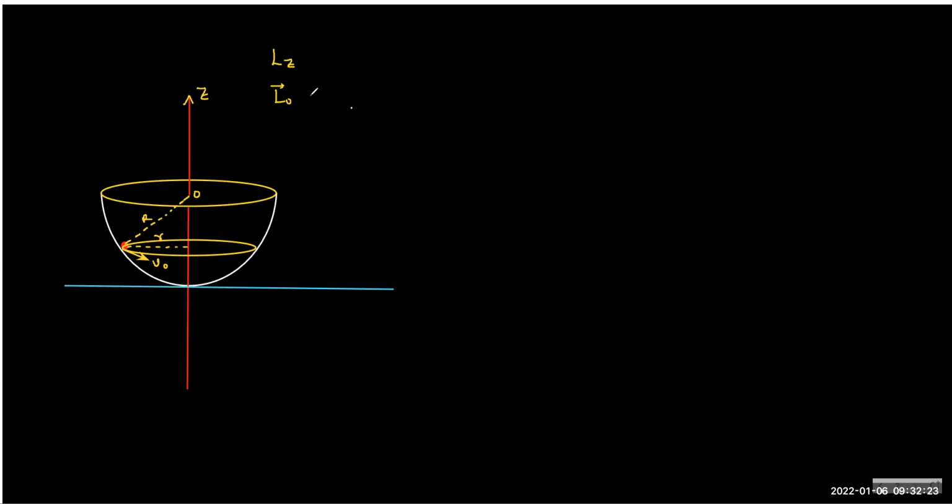Which quantity will never change? Tell me which quantity will never change. Sir, LZ will never change. Yes, and the L naught vector will change, but its magnitude will not change.